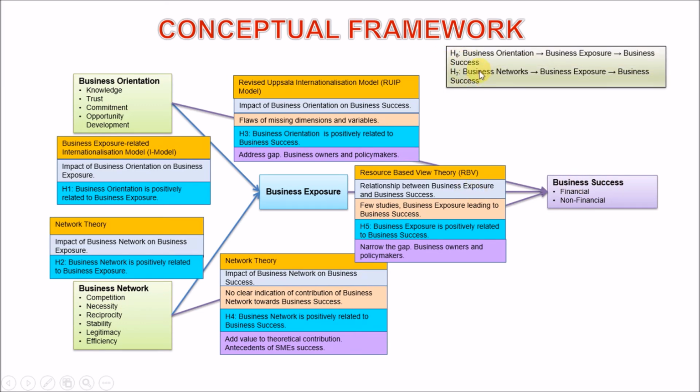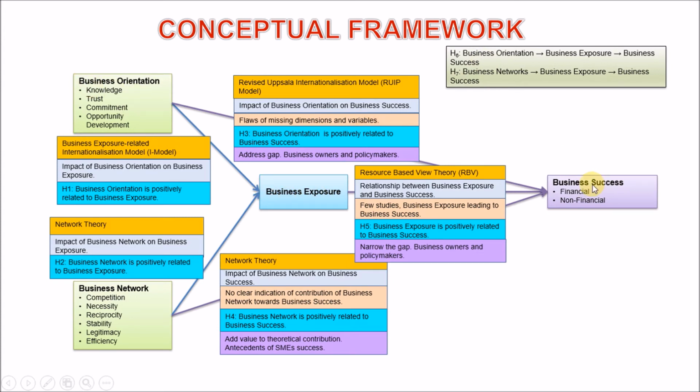Okay, we can write like this: H6, business orientation, which is here, business exposure, in between of business success, which is here. So it is mediating. So how to read this? Business exposure, we need to start from the mediating part. Business exposure is a mediating between business orientation and business success. Yes, this is the mediating between this and that.